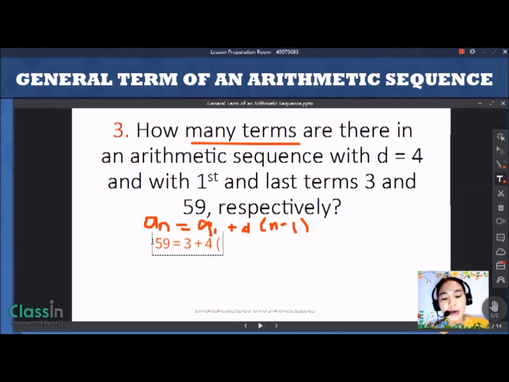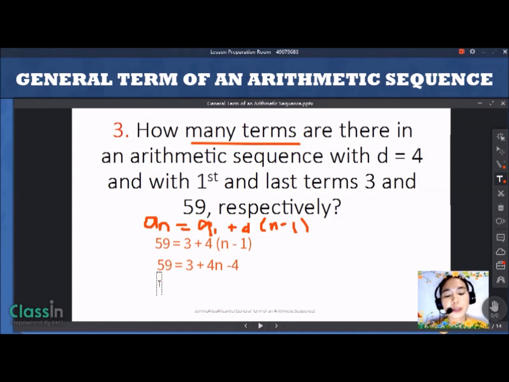And then we have n minus 1. So the first thing that we have to do here is to multiply 4 times n minus 1. So we will just copy this part. 59 is equal to 3 plus, what is 4 times n? So that is 4n. And 4 times negative 1 is negative 4.